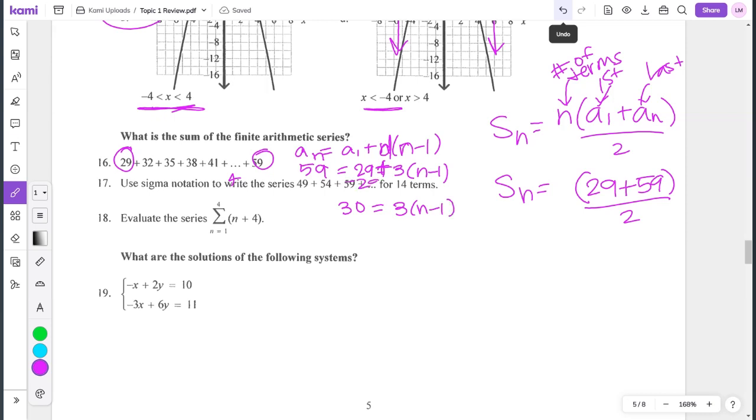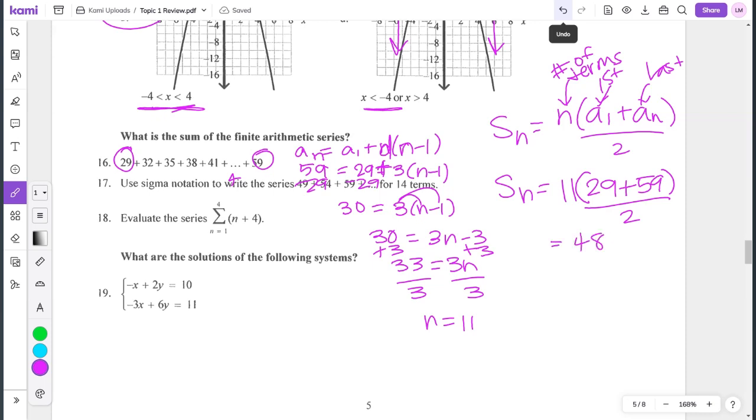So I just subtracted 29 from both sides to get it out of the way. Then I'm going to push the 3 through, so 30 equals 3n minus 3. So I'm going to add 3, then divide by 3. So n is 11. So I'm going to put 11 here, and then I throw that on my calculator, right? So on that one, I think we got 484 on that one. Okay. All right, so let me move this out of the way.